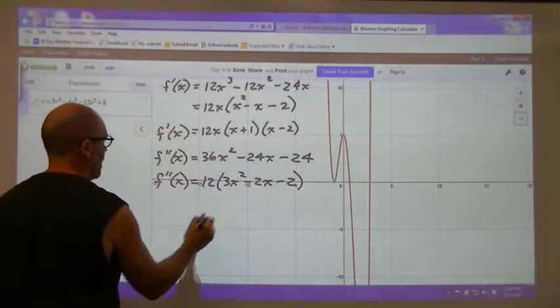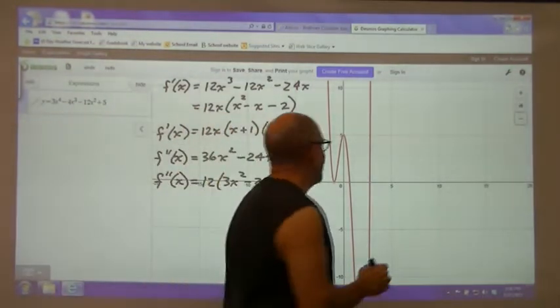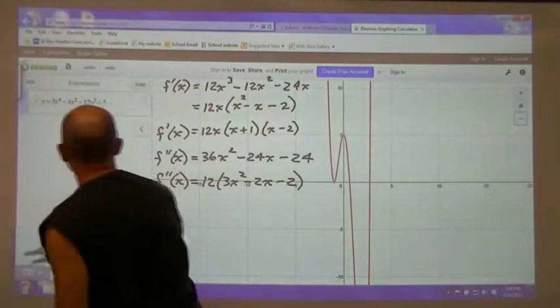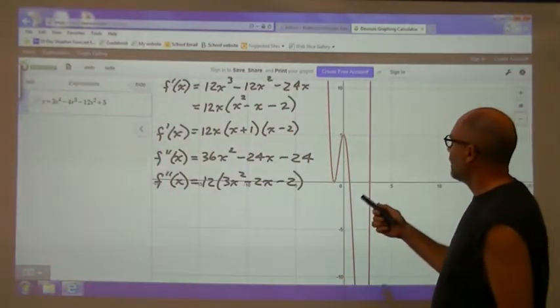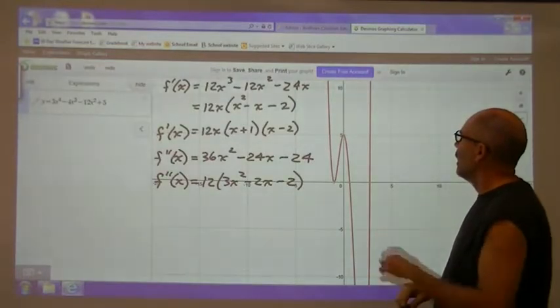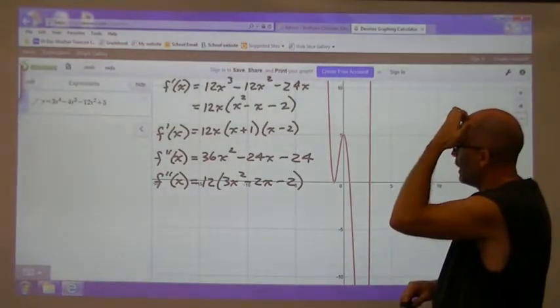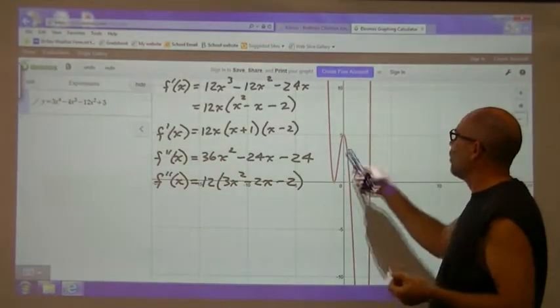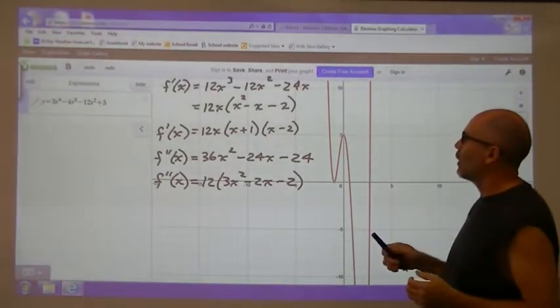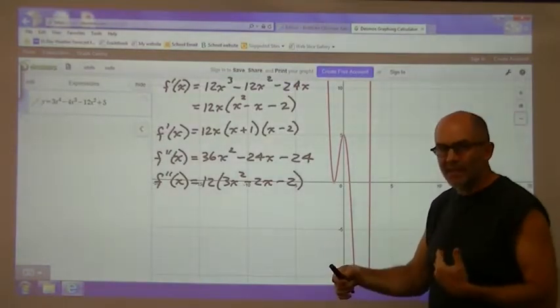All right, so now what we want to know is whether these 3 critical points are mins or maxes.